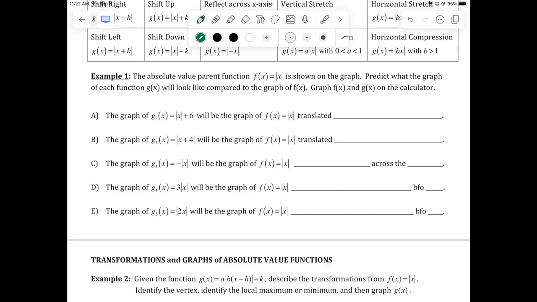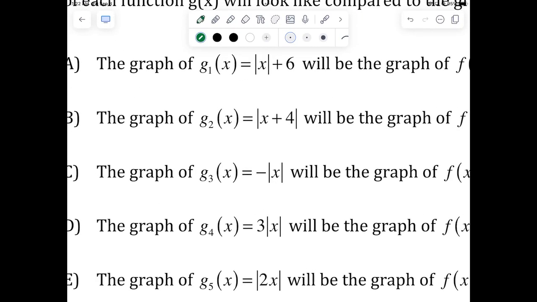All the g's: g sub 1, g sub 2, g sub 3, g sub 4, g sub 5.